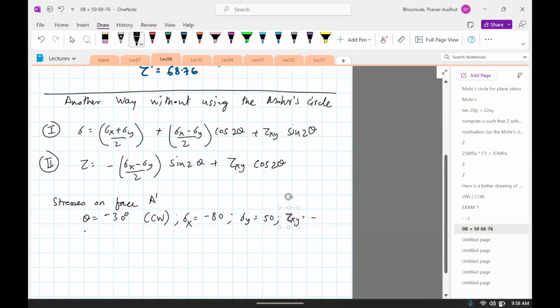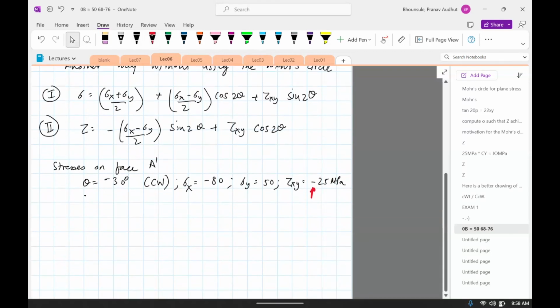So I need to put minus 25 MPa. So, I just put a note saying I see the first page. So it's the first page of this particular notes.